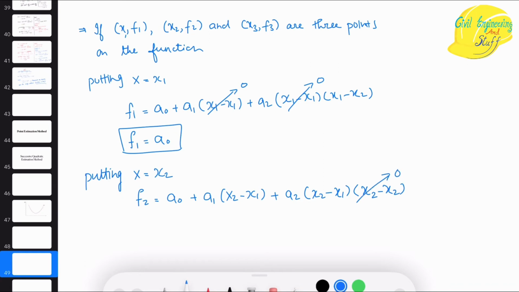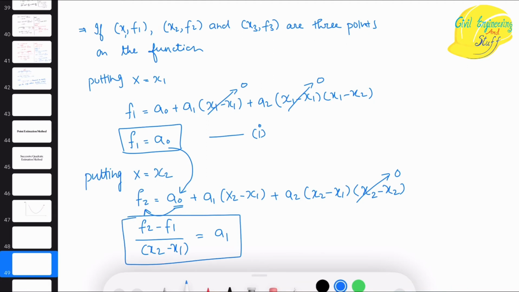And from equation 1, let's say this is equation 1, we have the value of a0, right? So we'll have f2 minus f1, we'll put the value here, right? So this will be (f2 minus f1) divided by (x2 minus x1). Okay, this will give the value of a1, right? Let's say this is equation 2.